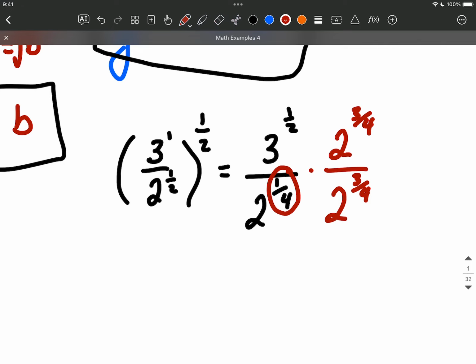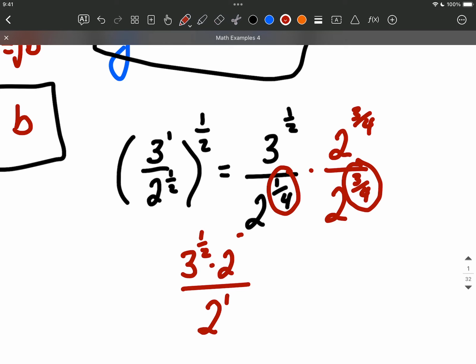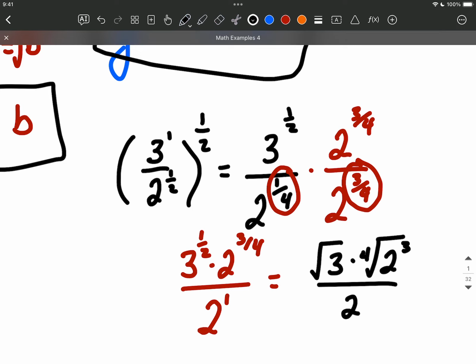That way, when we add together 1/4 plus 3/4, we're going to get that 2 to the first power for our denominator. Our numerator is going to be 3 to the 1/2 power times 2 to the 3/4 power. Or equivalently, we could say that's the square root of 3 times the 4th root of 2 to the 3rd power, all over 2, and that was our value for b.